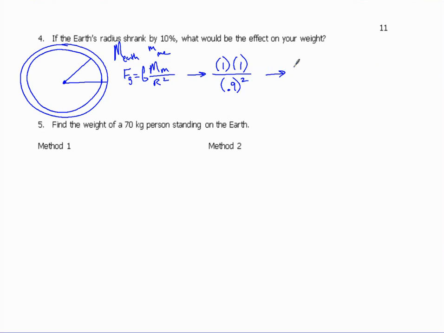And so what you find is 1.23, and you will weigh 1.23 times as much. Or put differently, your weight will increase by 23%.